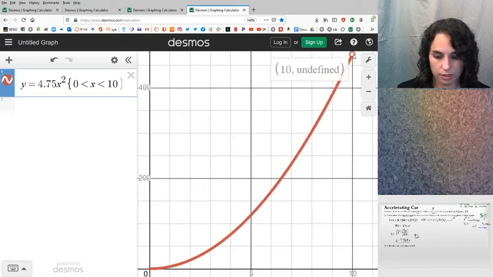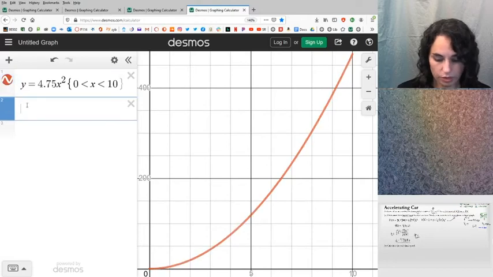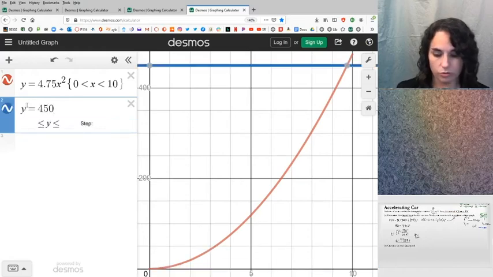It says at 10 seconds, it doesn't know where it is. But notice that I can see where it is. That's the graph. So we expect it to be an upward pointing parabola. It has a positive slope, and it's squared. I'm going to put in here y equals 450 because we want to know at what time does it reach 450. So y equals 450. So that's where it's gone, 450 meters.